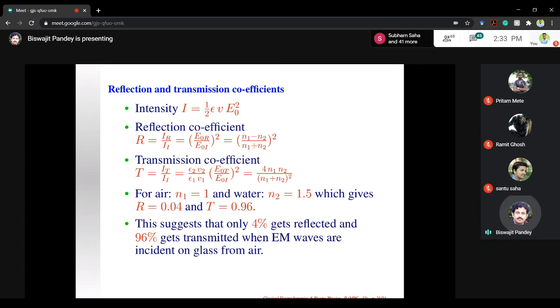Another interesting application that comes to my mind is that the reflection and transmission coefficients are very useful, particularly in deciphering satellite images. You must be aware of Google Maps, right? You can have satellite images of different regions. You can see the forests or the rivers or the roads from a satellite.